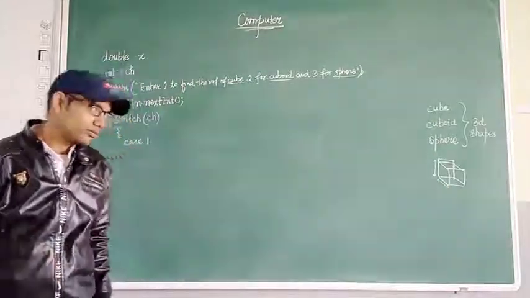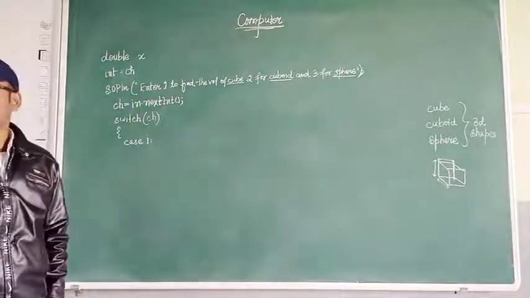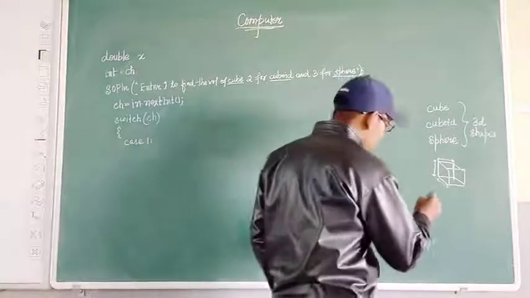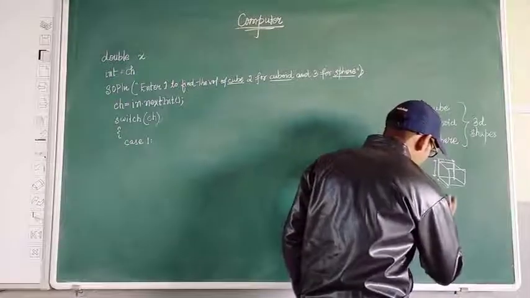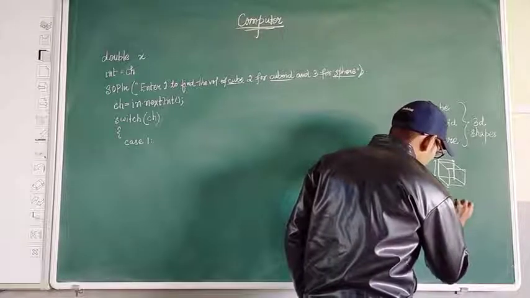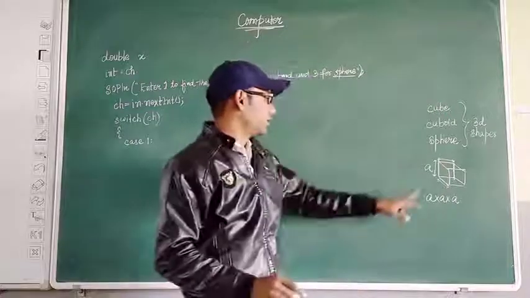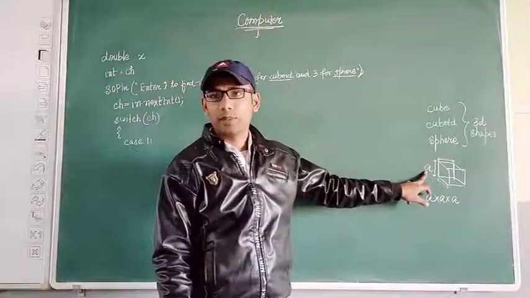In case of a cube, all the sides are the same, and the volume of a cube is A into A into A, where A is the side.